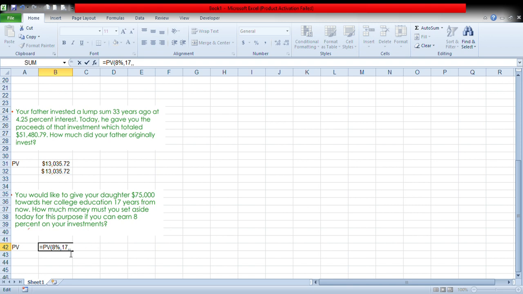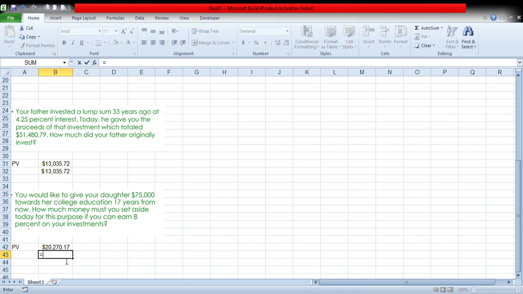Future value is 75,000. And you just need to apply the minus sign before the present value, otherwise you will get the negative answer. Okay, the present value is 20,270. Answer is 20,270.